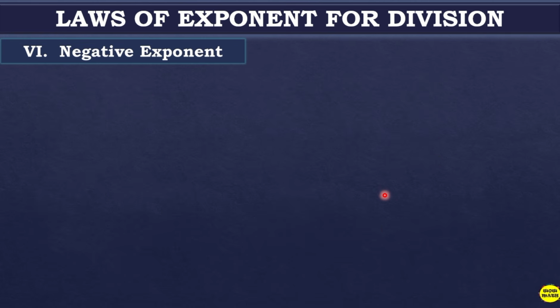So, paano kapag binigyan po tayo ng variable o constant na merong negative exponent? Okay? So, meron tayong dalawang case. Kapag ganito, a raised to negative n, magiging 1 over a raised to n. Okay? Kapag naman naka-fraction siya, 1 over a raised to negative n, magiging ganito naman siya.